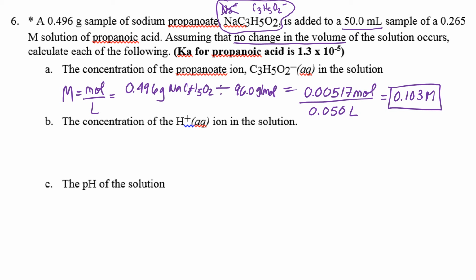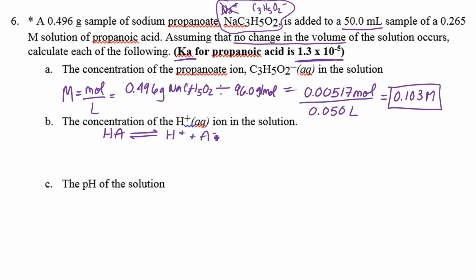So this looks like I'm given a Ka value for an acid. So usually when I'm given a Ka value, I have to consider the equilibrium system. I'm not given any other information about H plus, so I'm going to assume my H plus is coming from the acid. So I'm going to write out my reaction for my acid dissociating. And I'm just going to use the symbol A, because propanoate is a long thing to write out.